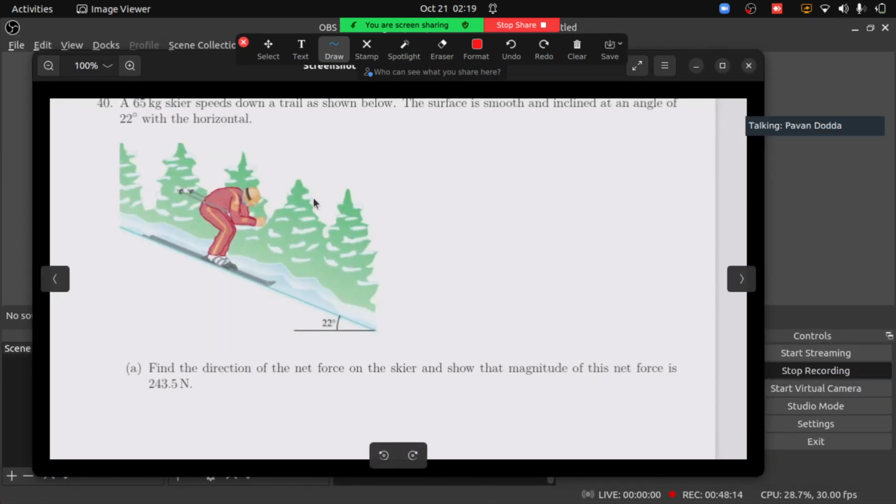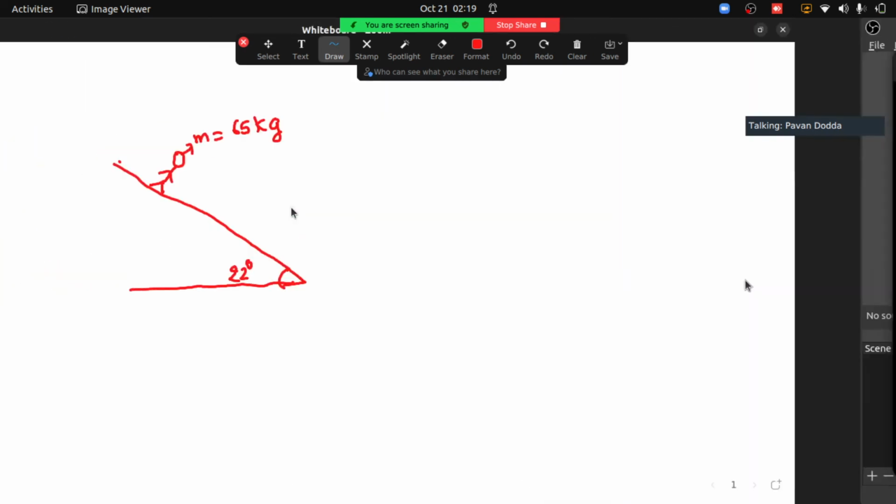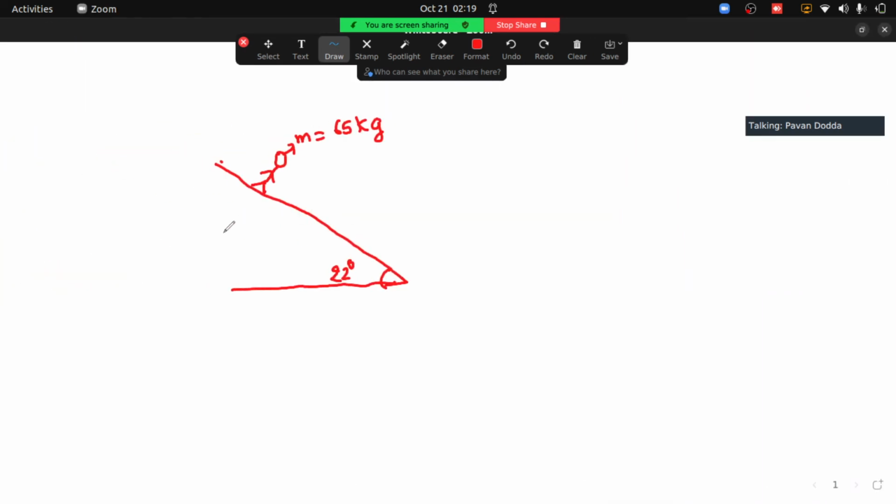Now what's the first part? Find the direction of the net force on the skier and show that the magnitude of this net force is 243.5 Newton.